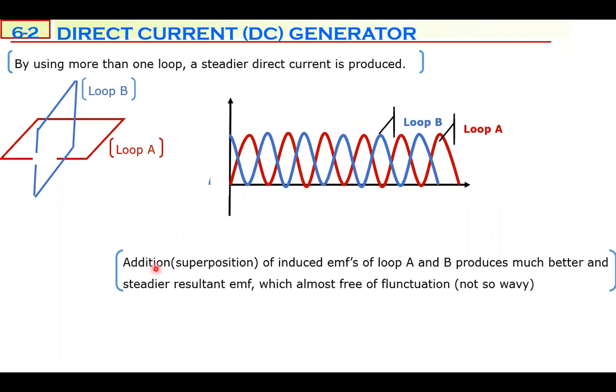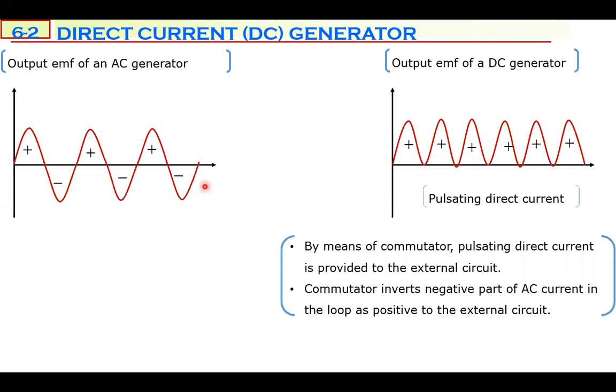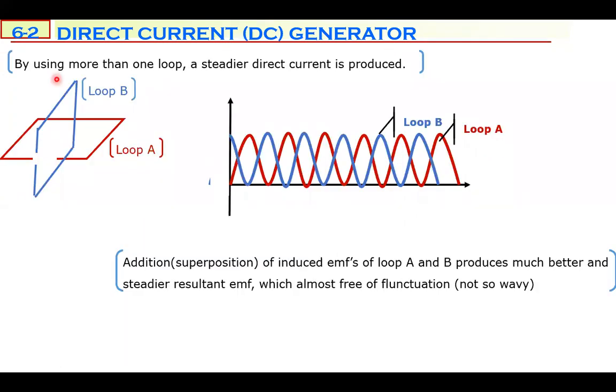When we add these EMFs, we get something like this. It's a little wavy, but better than this one. So by using more than one loop, a steadier direct current can be produced from a DC generator.